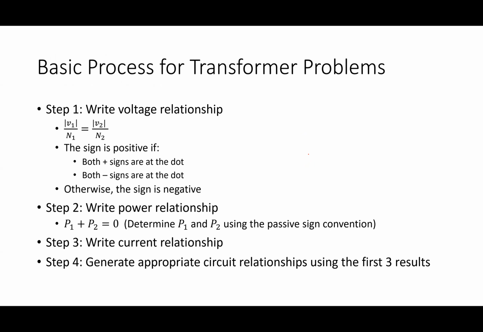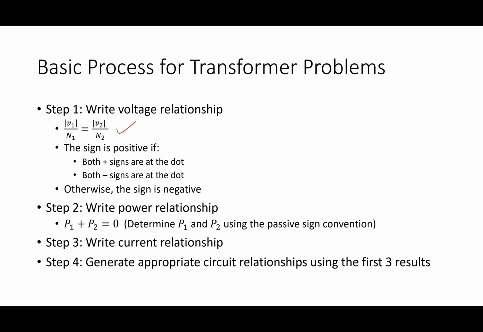So basically, whenever we have these problems, I break it down into sort of a 4-step process. I get the voltage relationship, which is always related as I have here by the magnitude relationships. And then I check to see if the sign is positive or negative. In other words, if both plus signs are at the dot, it's positive. If both negative signs are at the dot, it's positive.